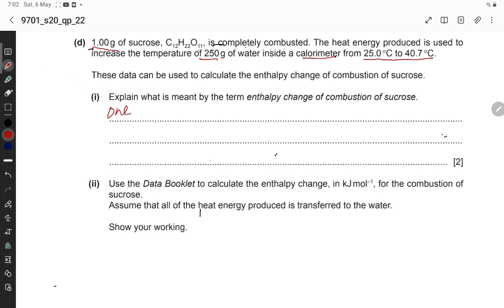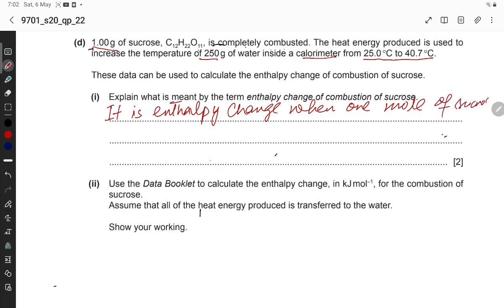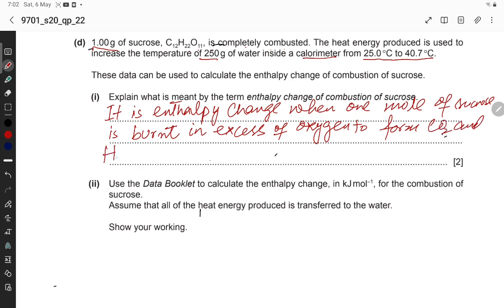It is the enthalpy change when 1 mole of sucrose is burnt in excess of oxygen to form carbon dioxide and water under standard conditions, in their standard states.